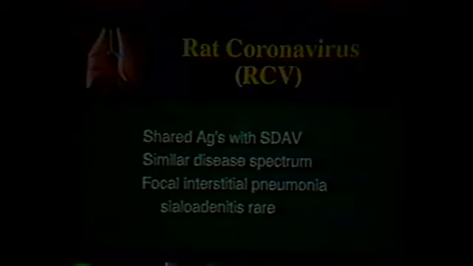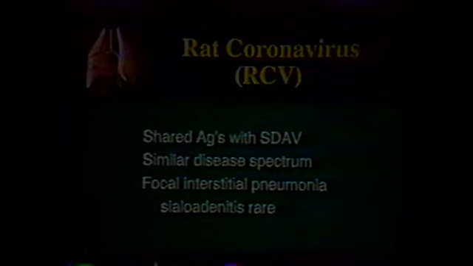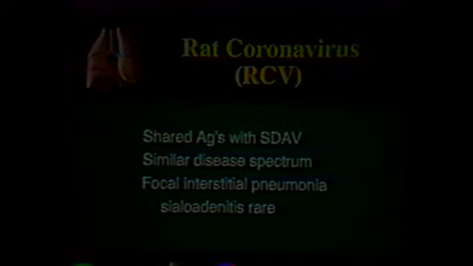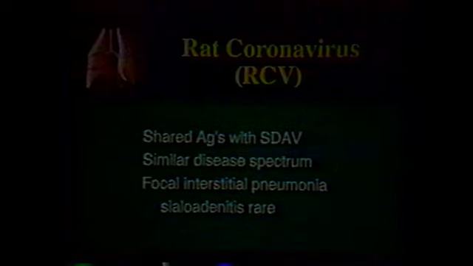Rat coronavirus is a related coronavirus to SDAV. It shares antigens with SDAV. As for the tightness of the relationship, is this a strain variability or strain difference? It's possible it may be an emerging virus. It's not very common.